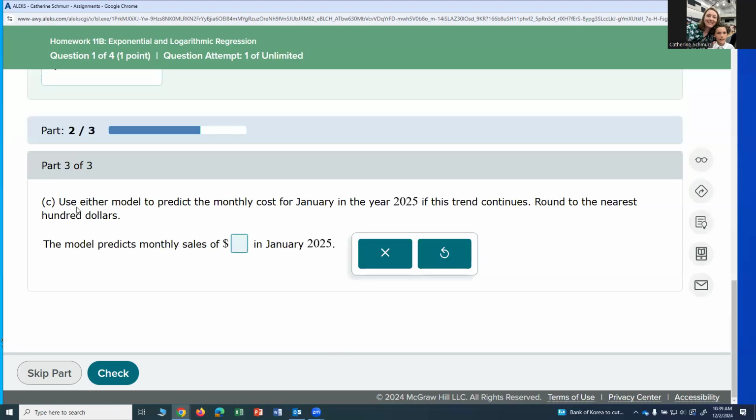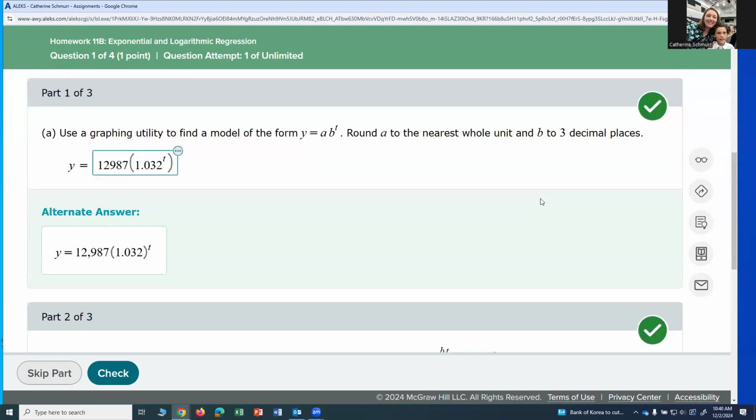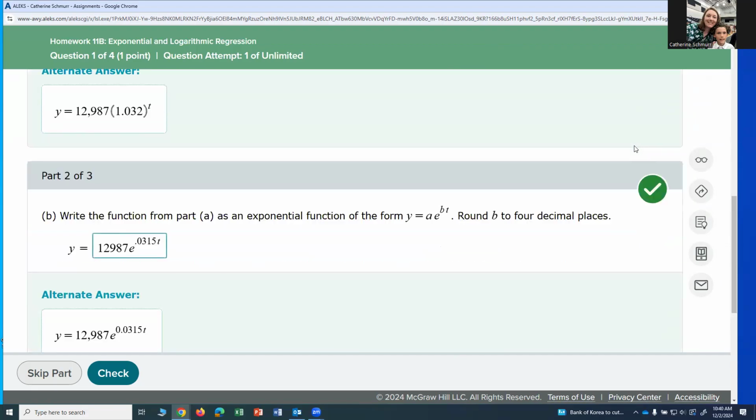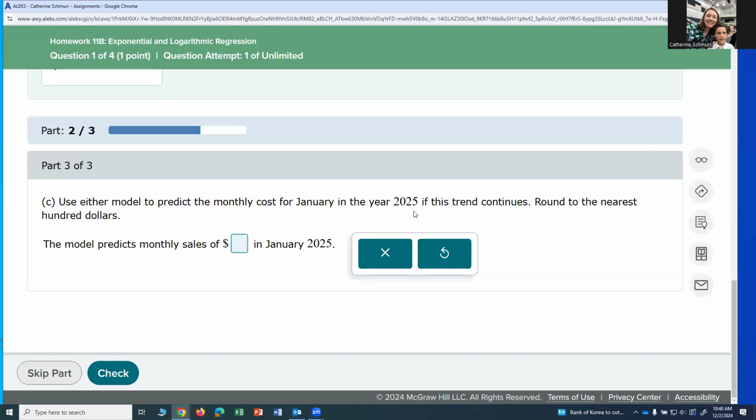Part 3 of the question says use either model to predict the monthly cost for January in the year 2025 if this trend continues. Round your answer to the nearest $100. So originally up here, it said that T is the number of years since 2016. So 2025 is going to be 9 years since 2016.